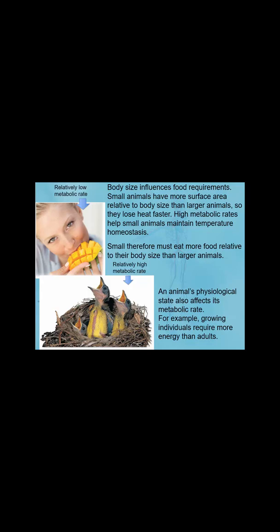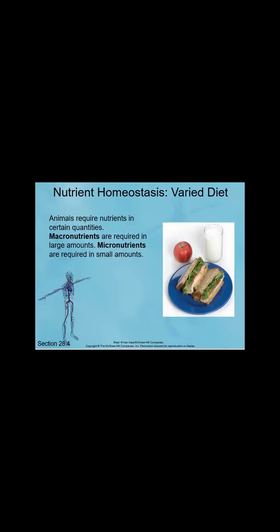And then young need a lot of food as well. The reason for that is they are metabolically charged. They're undergoing a lot of mitosis, getting bigger very quickly, very rapidly. And so they need huge amounts of food. Now, a varied diet. We require macronutrients and micronutrients.